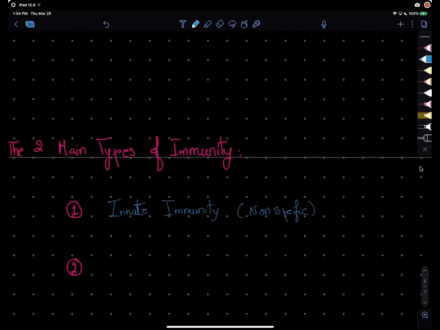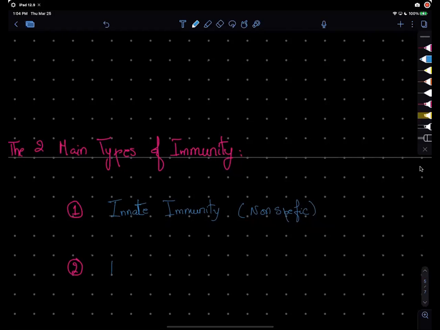And the second type of immunity is the adaptive immunity. And the adaptive immunity has three main characteristics. First, it is specific. What else? So I have special cells that will be targeting the pathogenic cells specifically.